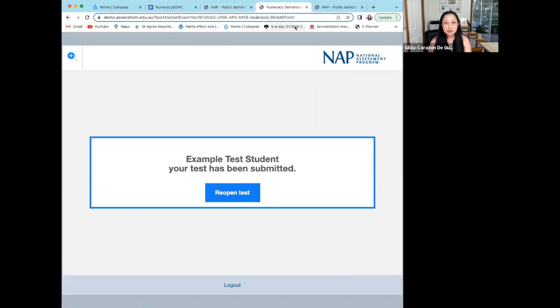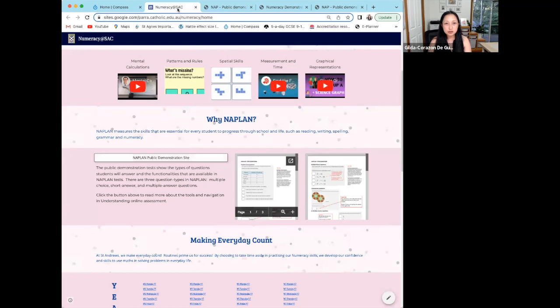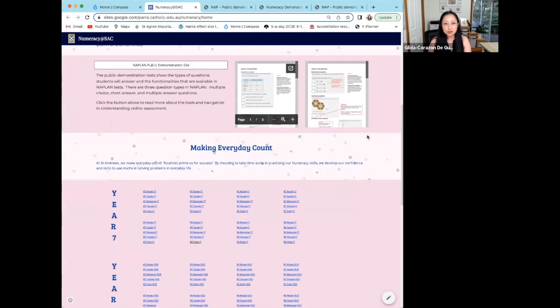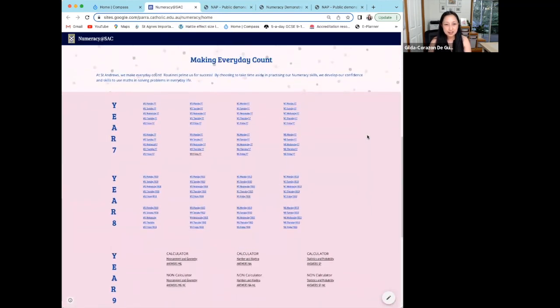If you want to trial other questions, you could go to our numeracy at SAC. There are the year 7 questions there from last year's exemplar questions. The year 8 here that I've put here were actually the year 9 exemplar questions.